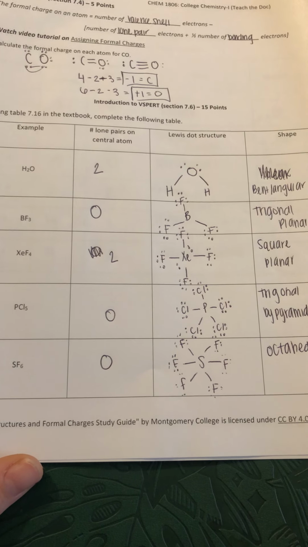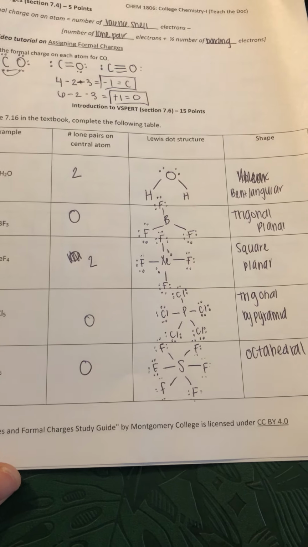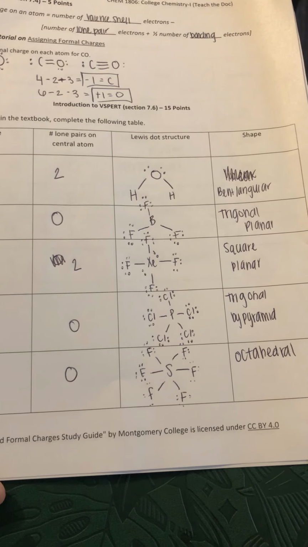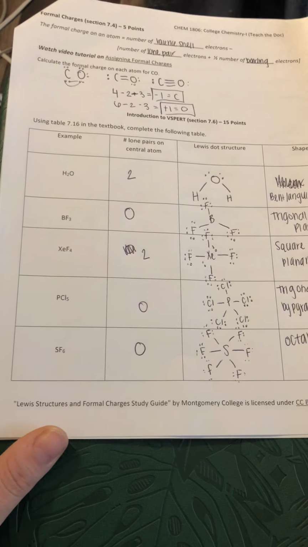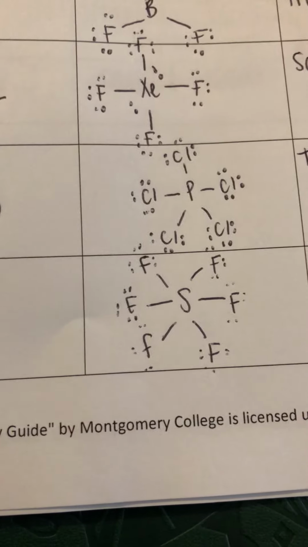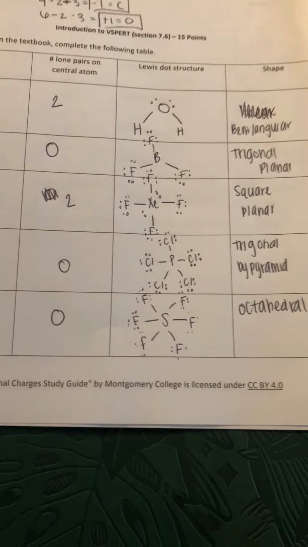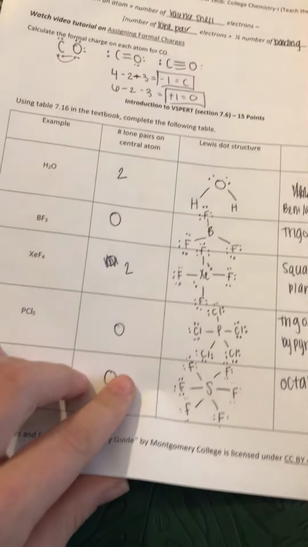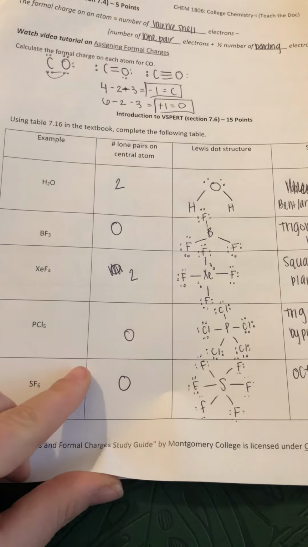Then we have no lone pairs again, with our 5 groups, so it's trigonal bipyramidal, and then no lone pairs again, so we have 6 groups of electrons here, or pairings, which makes it octahedral. So we could use this table here to help out with the next section when we get more into the molecular geometry again.